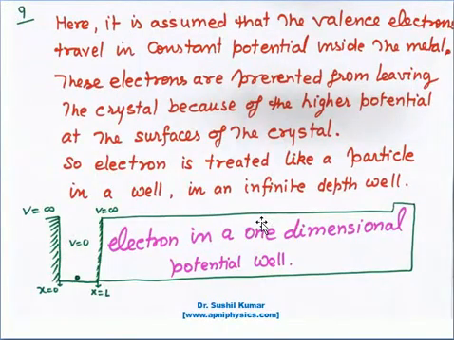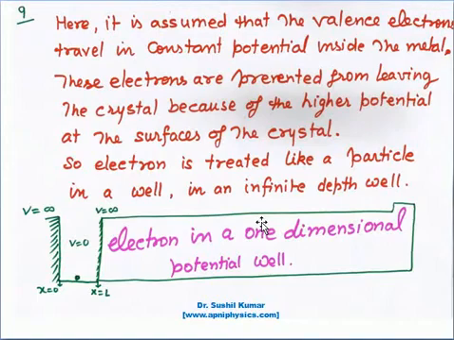Here it is assumed that valence electrons travel in constant potential inside the metal. These electrons are prevented from leaving the crystal because of the higher potential at the surface of the crystal. So the electron is treated like a particle in a well, an infinite depth well.